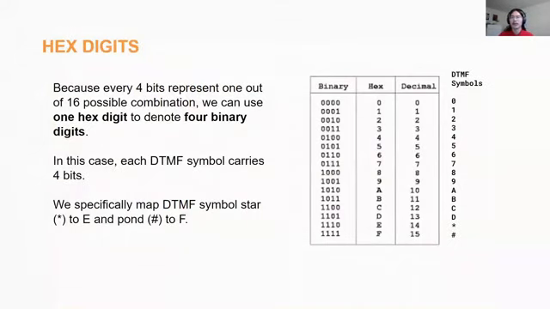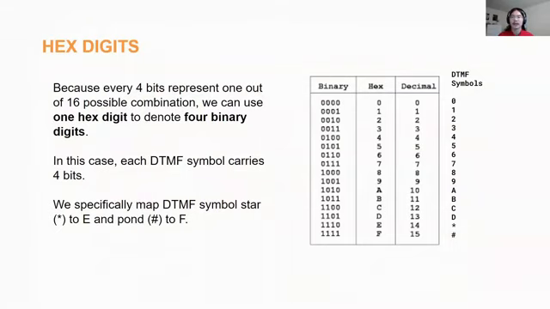Hex digits. So how are they different from binary digits, or bits? Nothing really much different. It's just an easy way to notate everything. You have 1 hex digit for every 4 binary digits. It just makes things a lot shorter and easier to talk about.